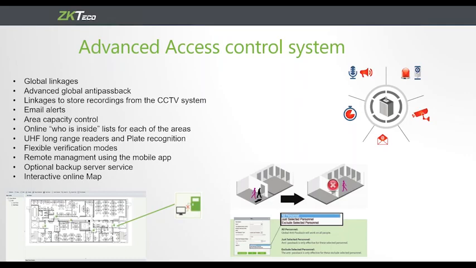We also have linkages to our CCTV system, and we can do some recordings. For example, if there's a special alarm in my access control system, like a forced door, we have door sensors. With the door sensor, we know the door status. If we know the door status, we can know if someone has opened a door without verification.